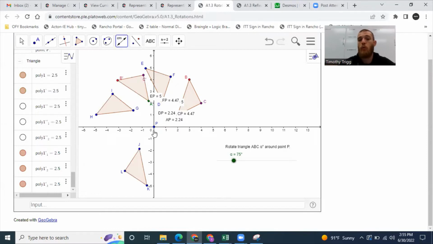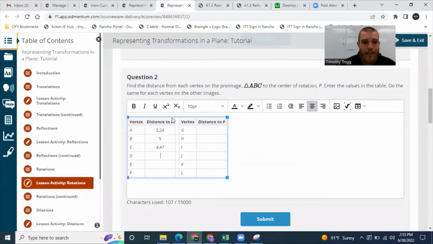Which makes sense. When we're rotating around a point, you keep that same distance from the center point. So these are actually going to be the same values here, 2.24, 5, and 4.47. You can probably guess what these are, but if not, you could use that distance or length and hopefully see the pattern then. Go ahead and put those distances there.